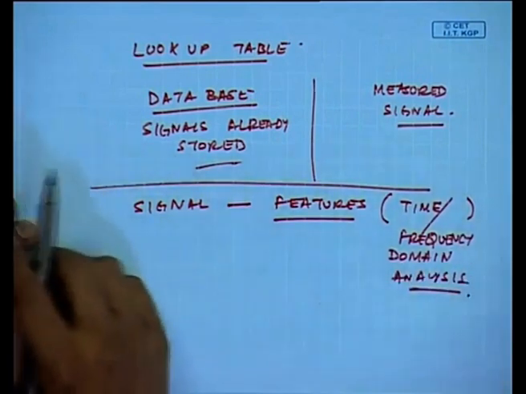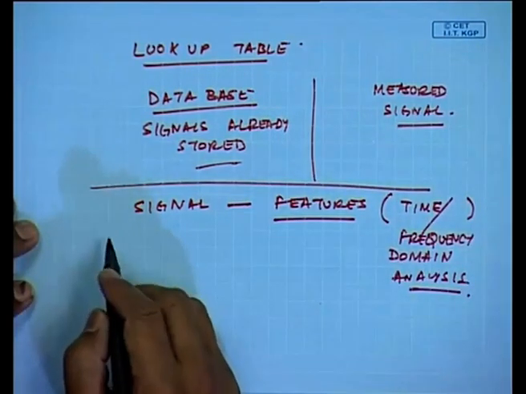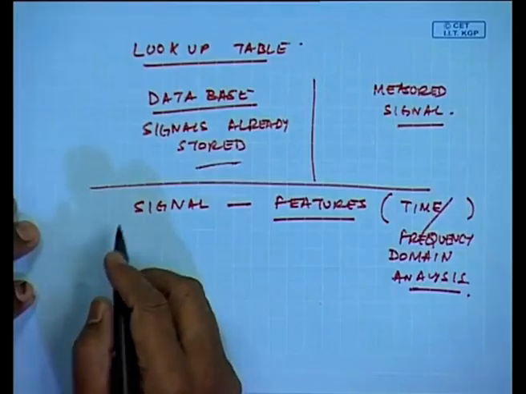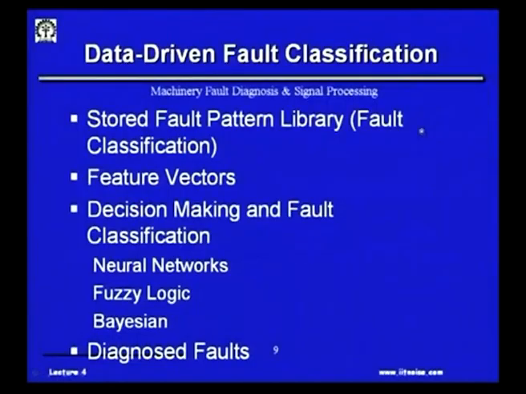But to do fault classification, there are nowadays many techniques. One is neural network based methods, which are very widely used in the industry, then fuzzy logic and the Bayesian system, which are mostly reliability and probability based models, and then the faults can be diagnosed.